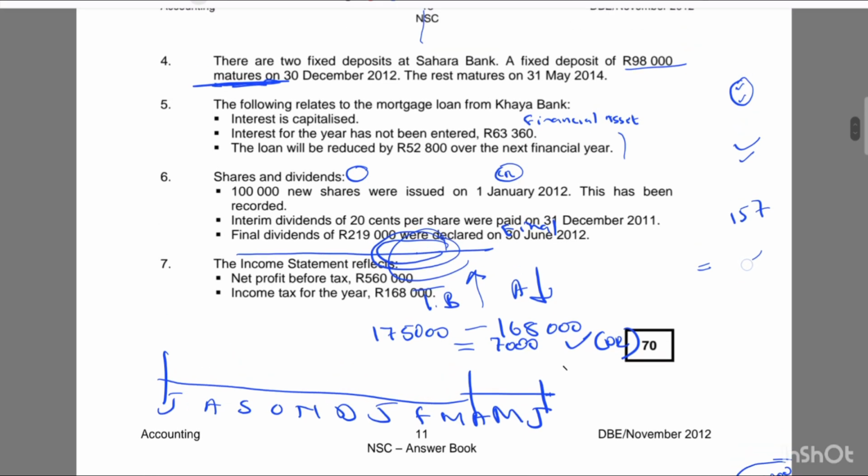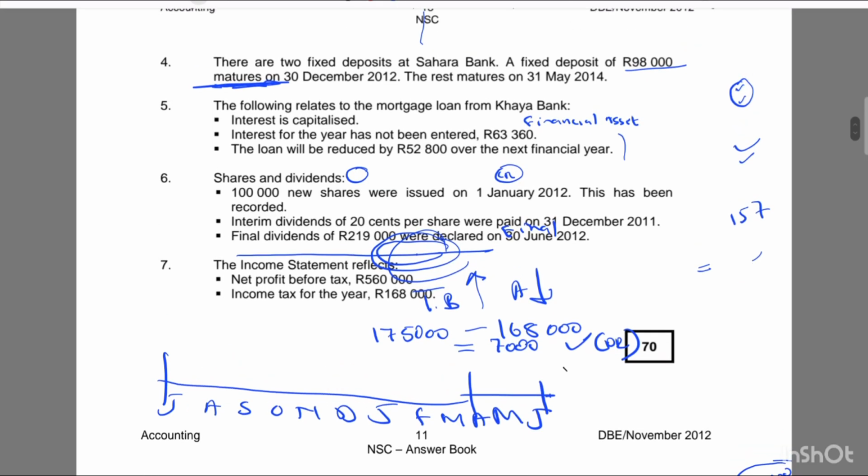Number 5, the following relate to the mortgage loan from Kaya Bank. Interest is capitalized. When they are saying interest is capitalized, it means that it is added. Interest for the year has not been entered, guys.